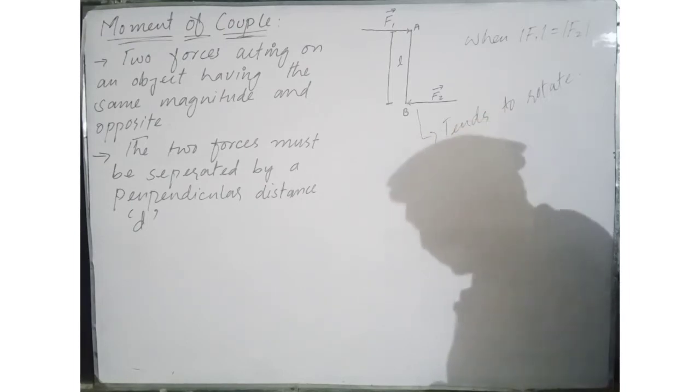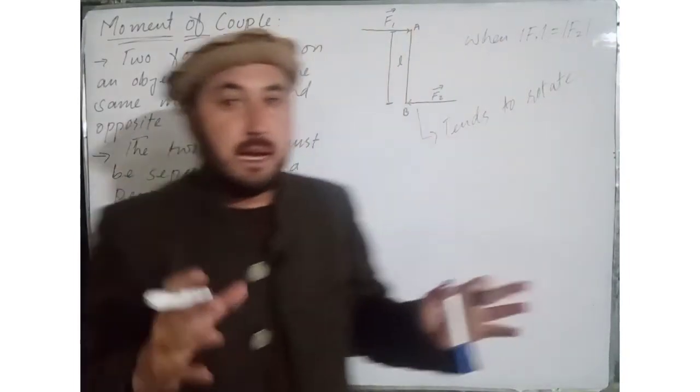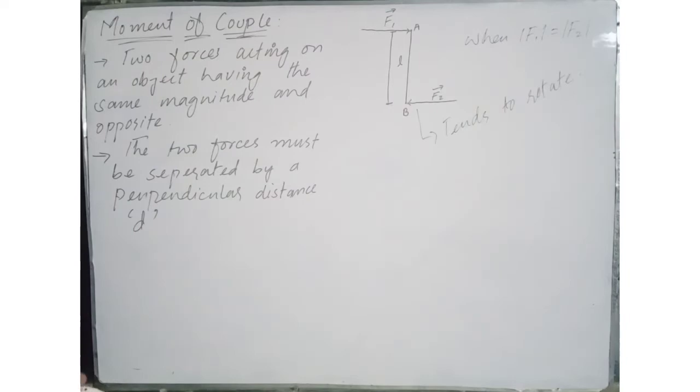So whenever a couple acts on an object and the object tends to rotate, this phenomenon is what we call moment of couple, right?